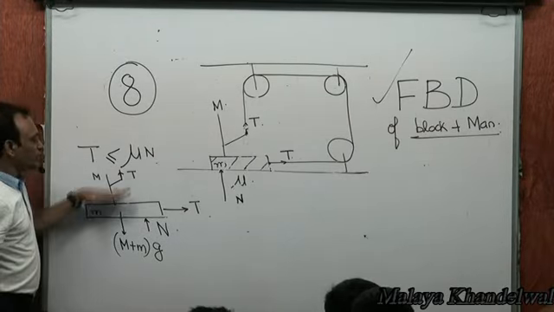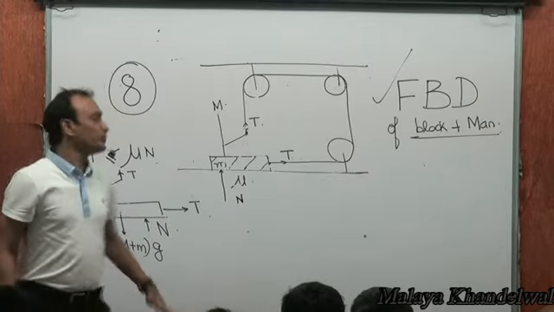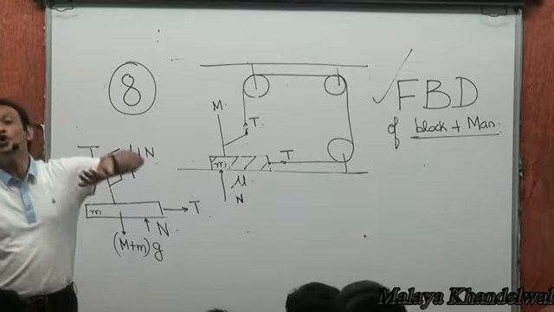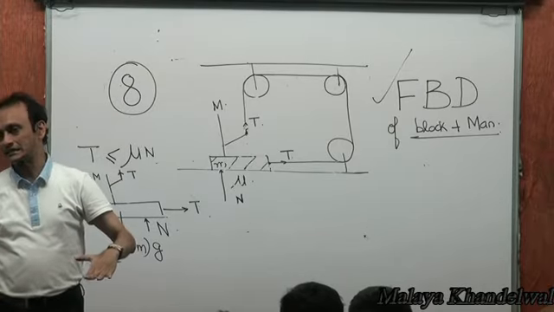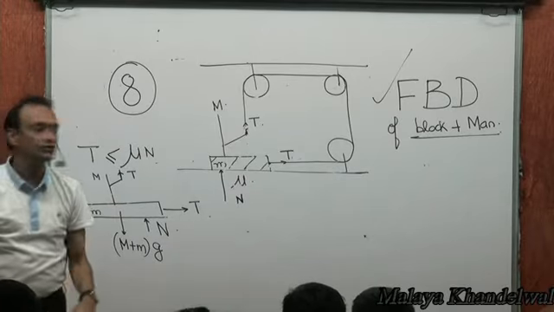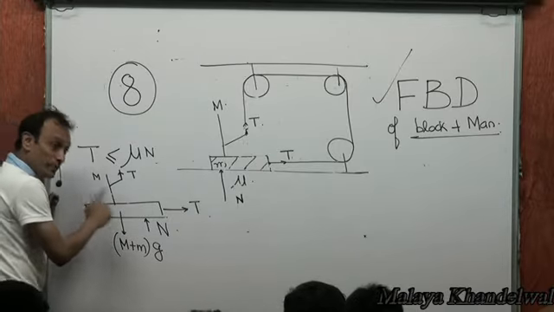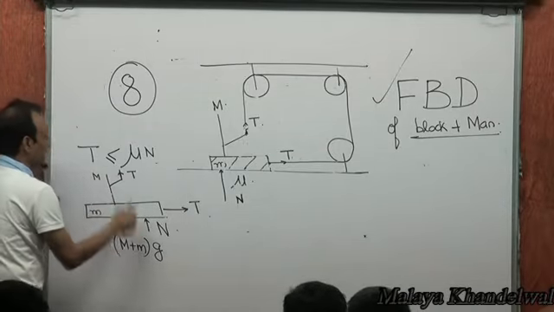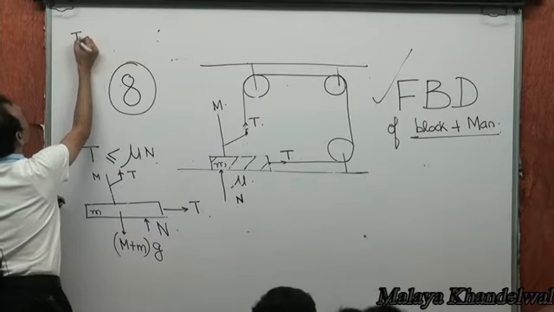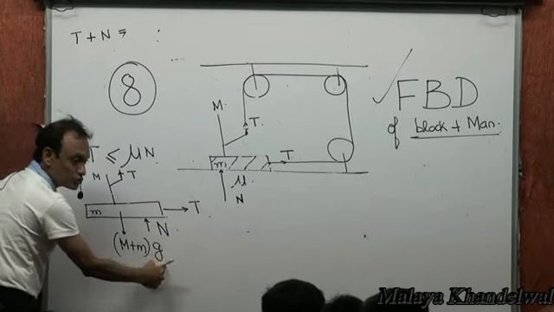In the vertical direction, this gives us an opportunity to compute N. In the vertical direction, the net of all forces acting must be 0. Why? Because the board plus man has no vertical acceleration. So the net of all forces in the vertical direction must add up to 0, which means T plus N must balance M plus small m into g.